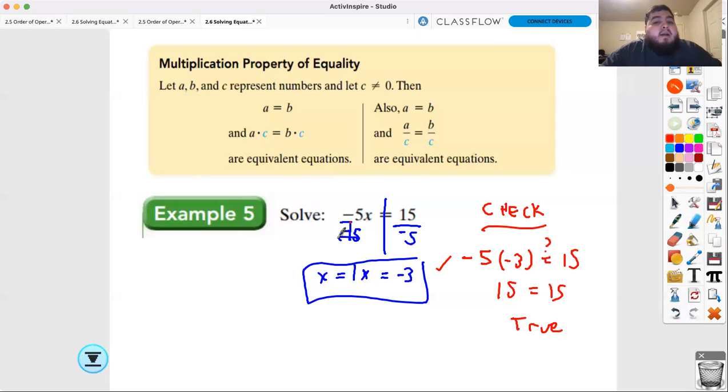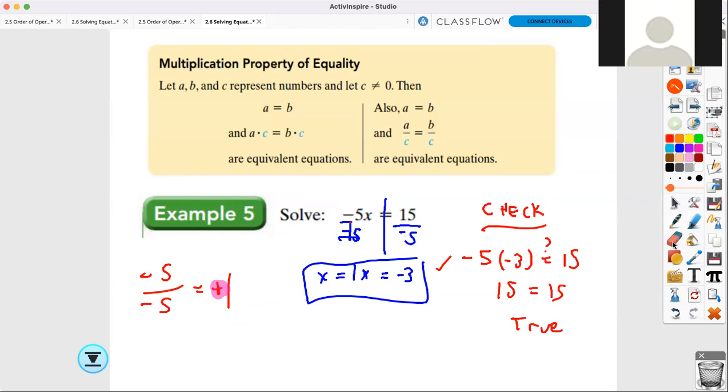So if I divided by a +5, Jacob, if I did -5 divided by +5, that would still give me a -1. And I don't want negative x, right? I want just x. So that's why I divided by what was next to x. Because remember when we divide the same thing, -5, it just gives us a 1.